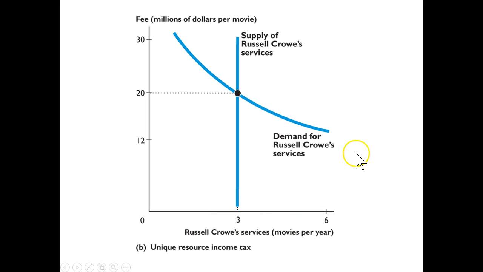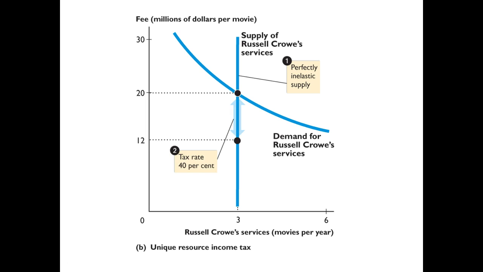Now, if that's true, and we impose a tax on Russell Crowe, it doesn't change the demand in any way, and it doesn't shift the supply curve to the left or to the right. Remembering the tax would be shifting the supply curve vertically up or down.